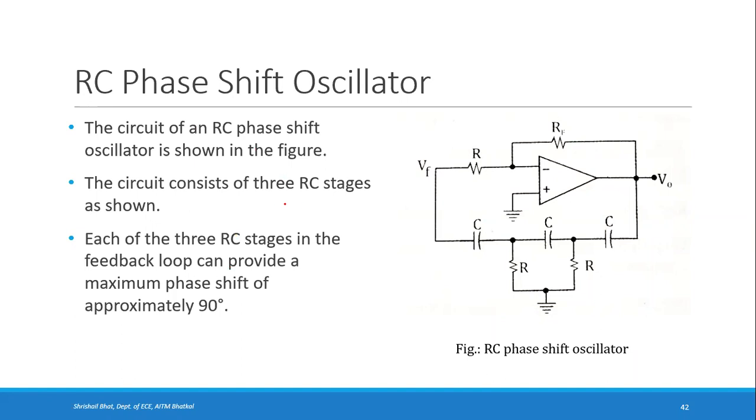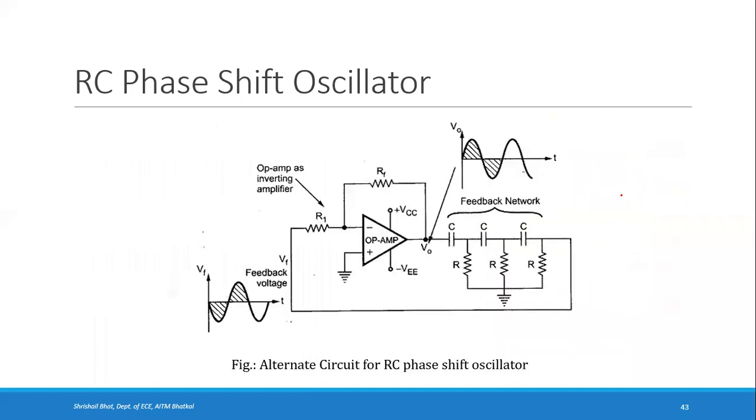It consists of 3 RC stages. If it has to provide a phase shift of 180 degrees with 3 stages, 180 divided by 3 means each stage provides a phase shift of 60 degrees. Each stage can provide a maximum phase shift of approximately 90 degrees, but we use it to provide 60 degrees. This is an alternate circuit of the RC phase shift oscillator.